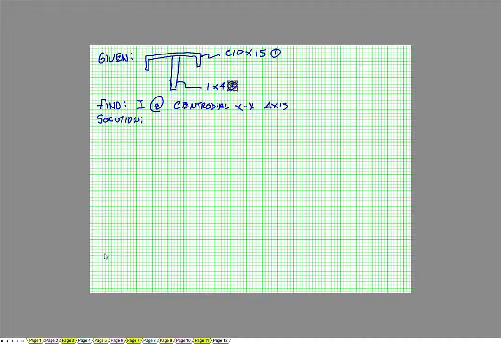Fortunately, we can go to the back of the book and look up everything we needed to know about that channel. So step number 1, I'll use this area up here.